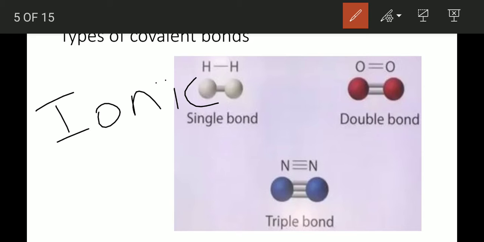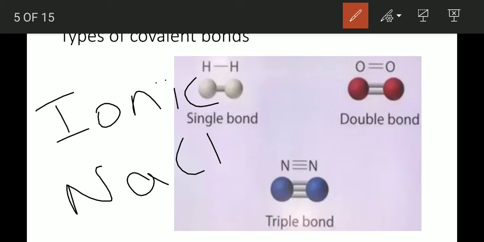Sodium transferred one electron and chlorine accepted one electron. Because of the transfer of electron by sodium, the bond formed with chlorine. That's why this is called ionic bond.